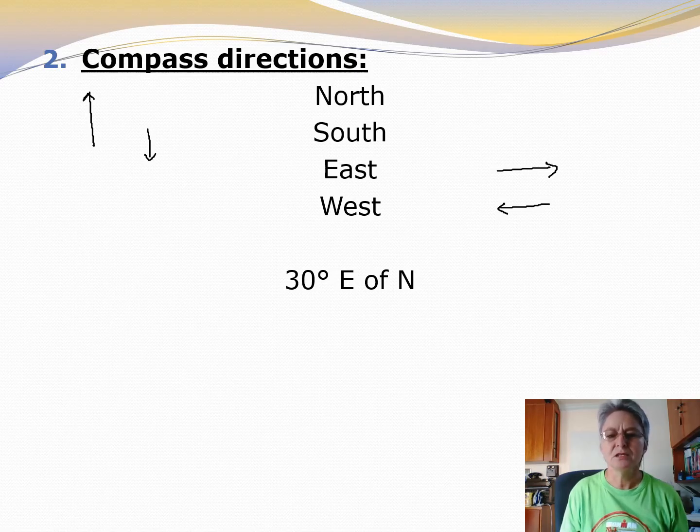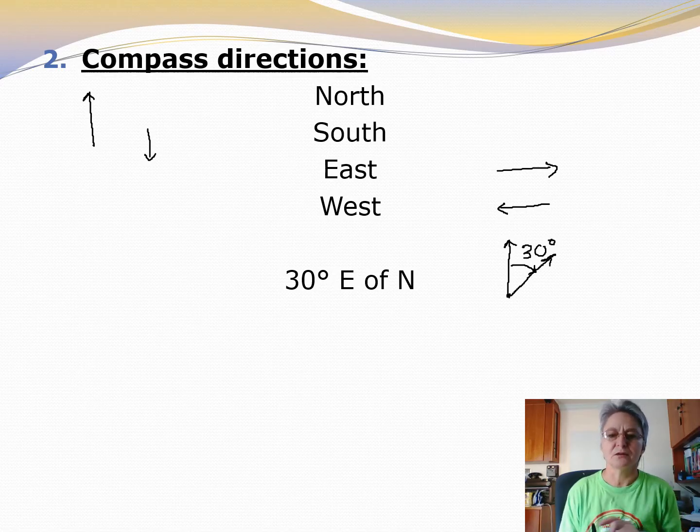30 degrees east of north means that you are looking north and you turn your face 30 degrees east and you look in that direction.